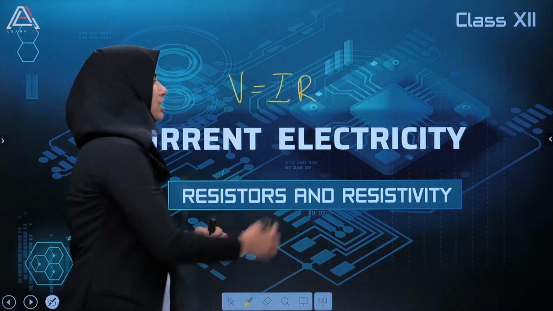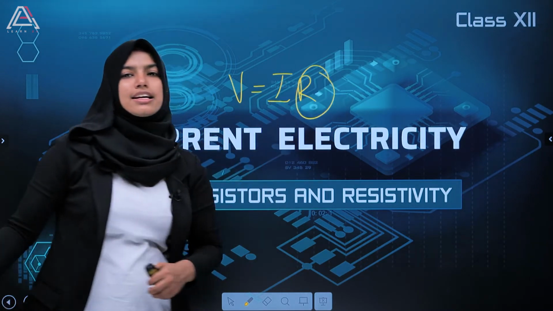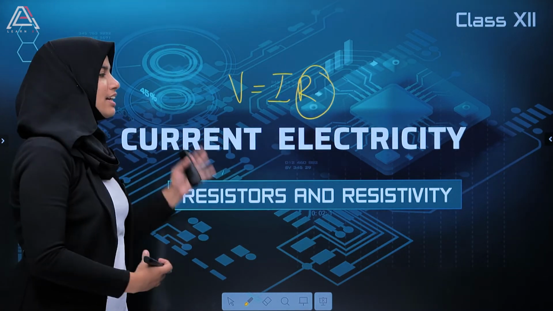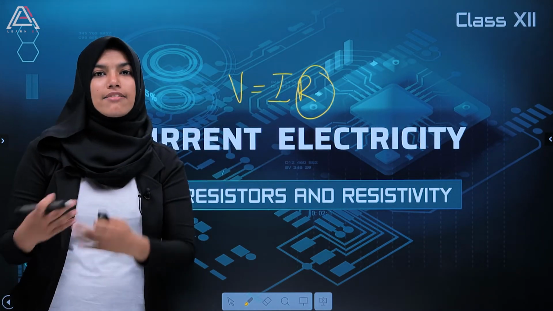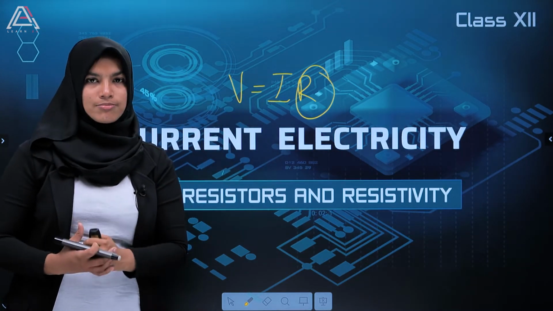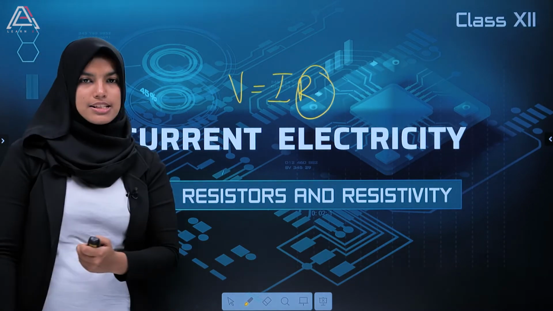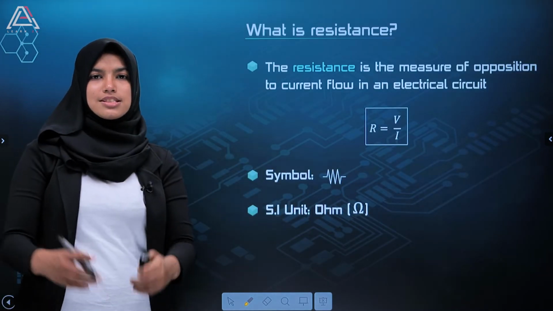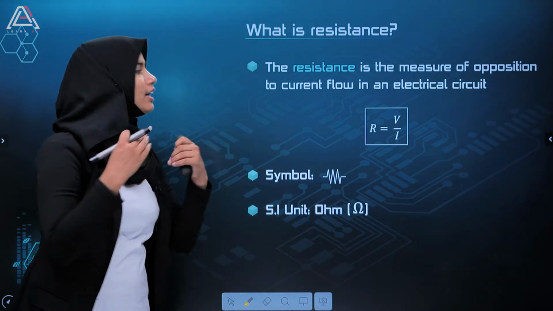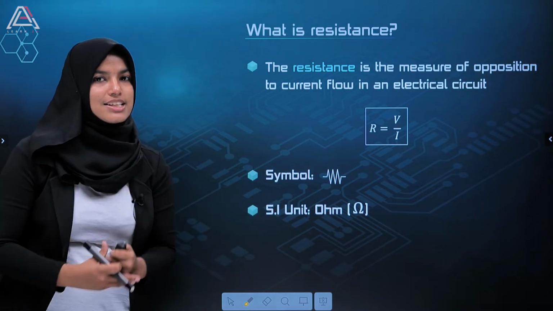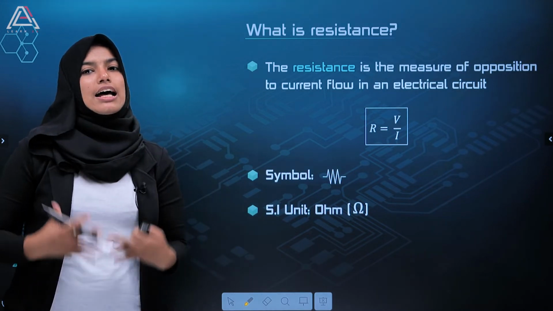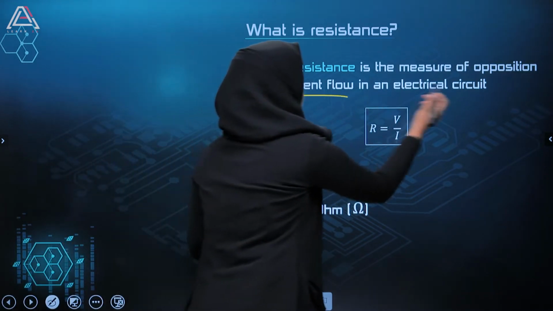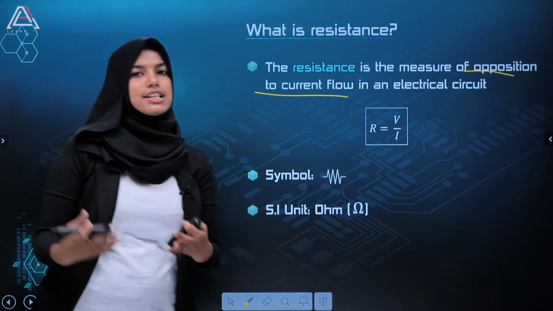In this equation, R is the new constant that has been formed, and in this particular video, we will be elaborating the relevance or the significance of R. So what is R representing? R represents the resistance, or it is the ability of a circuit to prevent the current flow. So resistance is used as an opposition to current flow in an electrical circuit.